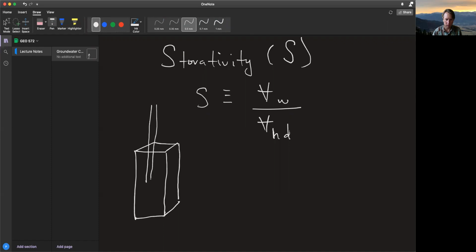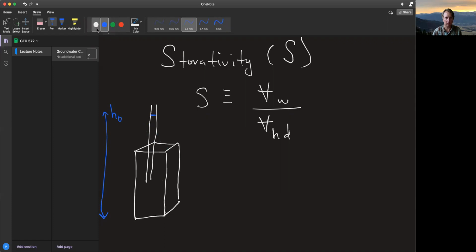Put a well into our aquifer. And we might find that the water level or the head in the aquifer is some height h naught above the top of our column here, all right?